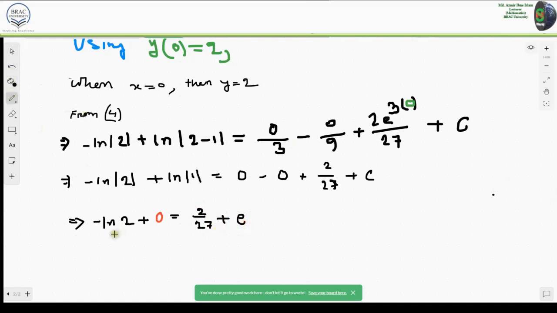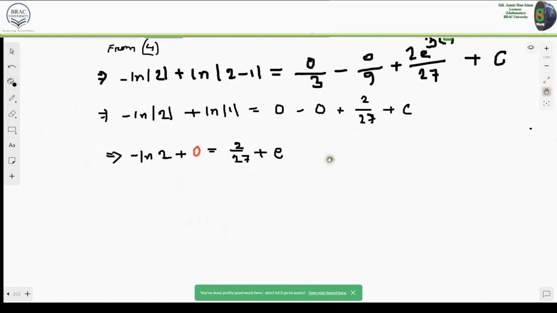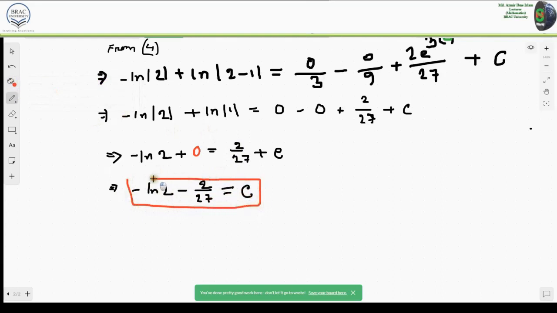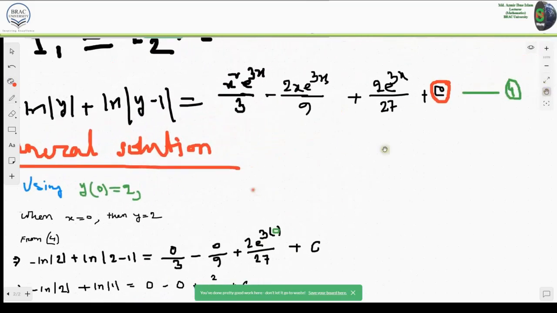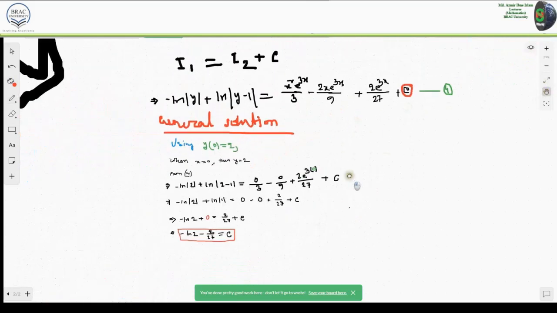Now we can easily find the value of the constant. Negative ln 2, negative 2 over 27 equal to c. So this is the value of the constant. Now we can input this one in our general solution, that means in equation 4.